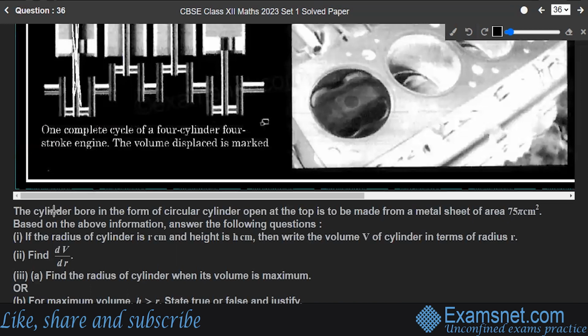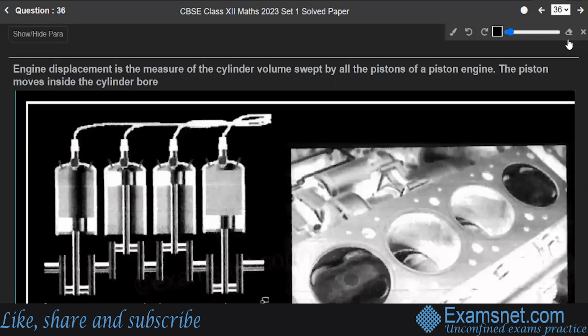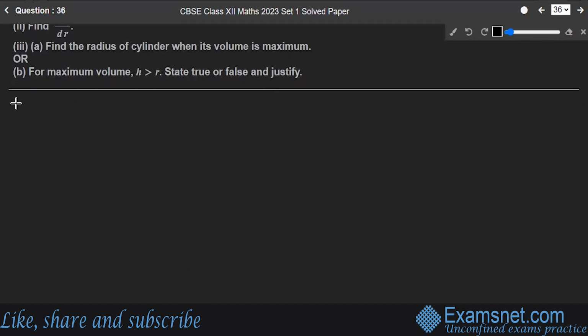Now, the cylinder bore is in the form of a circular cylinder, open at the top, to be made from metal sheet of area 75 pi centimeter squared. Based on the above information, you have to answer the following questions. First one, if the radius of the cylinder is r centimeter, height is h centimeter, write the volume of the cylinder in terms of radius r. Okay, let's go with the first part.